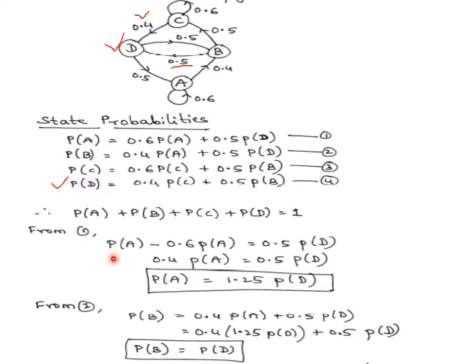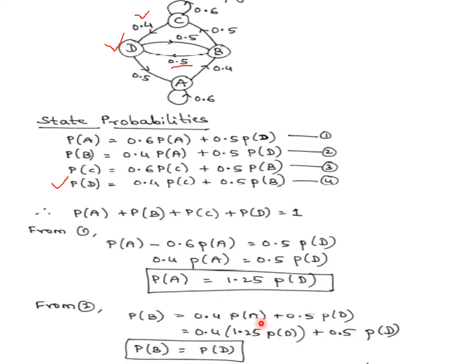Hence we'll have P of A minus 0.6 P of A equals 0.5 P of D. Simplifying the left hand side, we obtain 0.4 P of A equals 0.5 P of D. Therefore, P of A is equal to 0.5 divided by 0.4 P of D, which gives us 1.25 P of D. Similarly, considering the second state equation, we can write P of B equals 0.4 P of A plus 0.5 P of D. Substitute the P of A value and on simplifying we get P of B equals P of D.